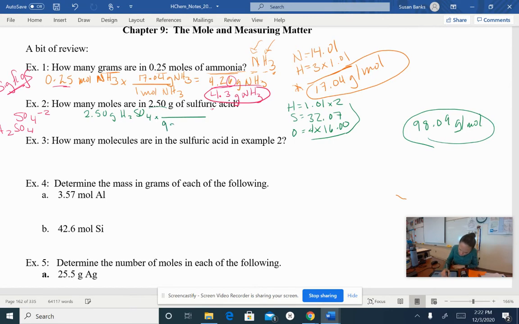So this is going to be 98.09 grams of sulfuric acid is in 1 mole of sulfuric acid. And I should just do the formula, H2SO4, not write out the name. Now I'm going to take 2.50 and divide it by 98.09.